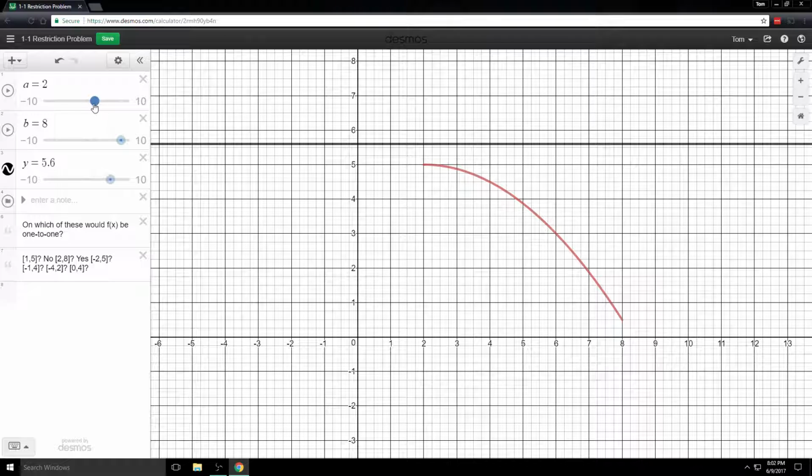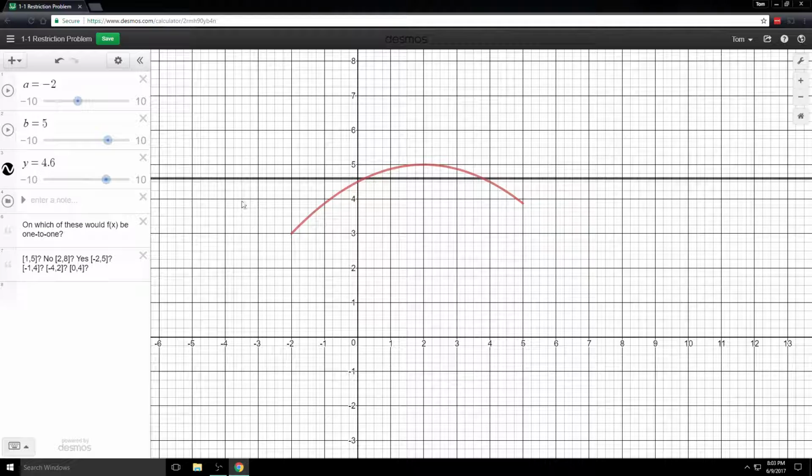All right, next up, negative 2 to 5. Right, that would be that piece, and clearly the answer here is no. That would not be one-to-one if we restricted it to that piece of the x-axis because there are going to be plenty of horizontal lines that cut through the graph in more than one spot.